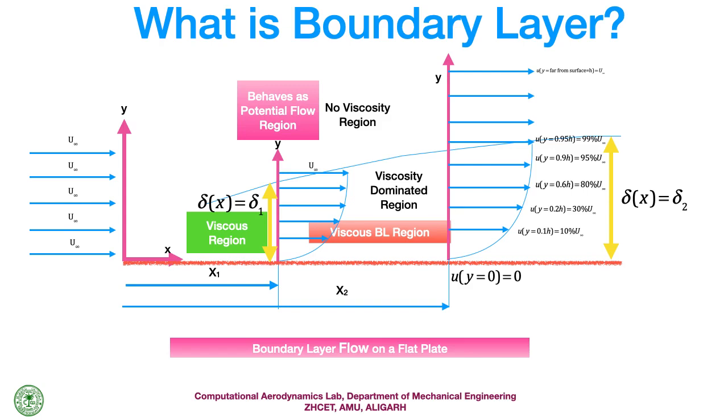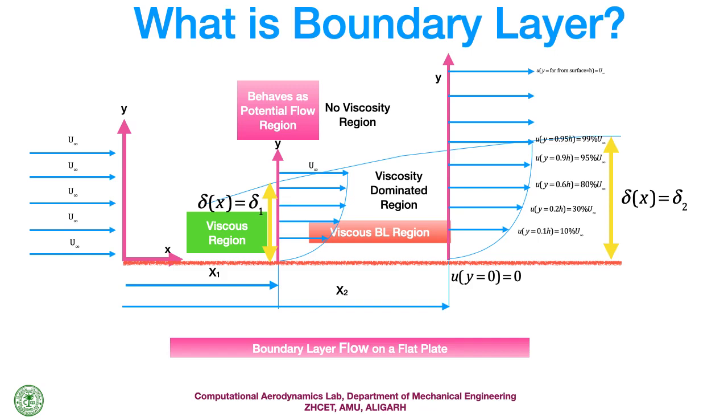Now I have tried to plot the velocity profile at different heights in the vertical direction, height h. So far away, this is the edge, where u becomes equal to u infinity, and at a certain small distance y, this is the part where u becomes nearly equal to u infinity.